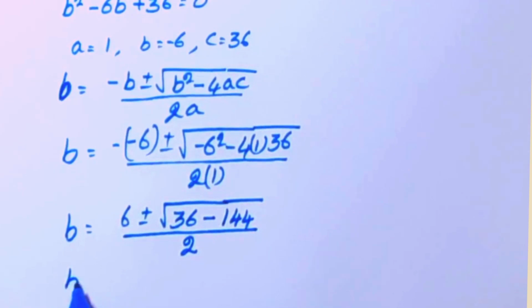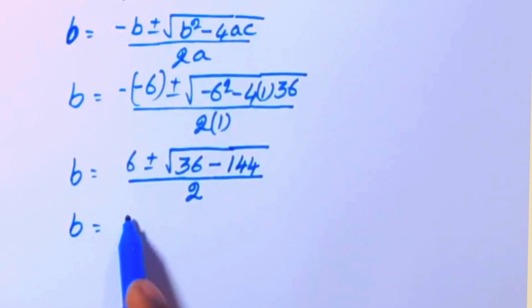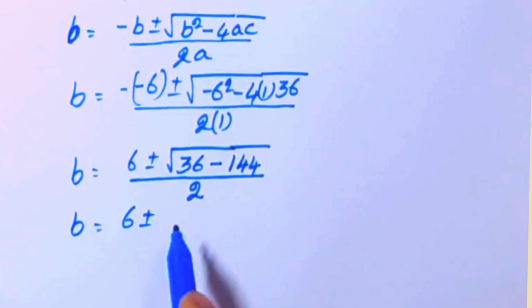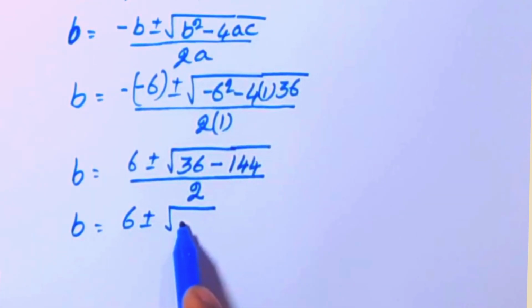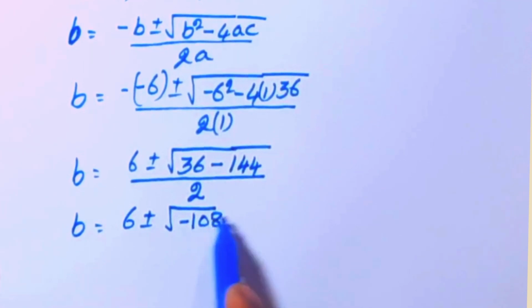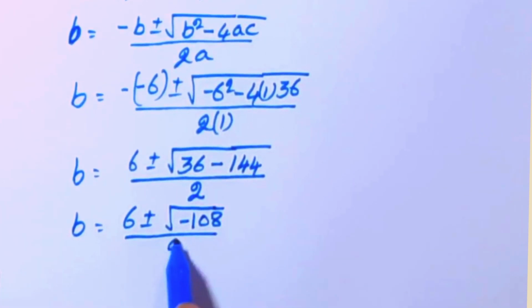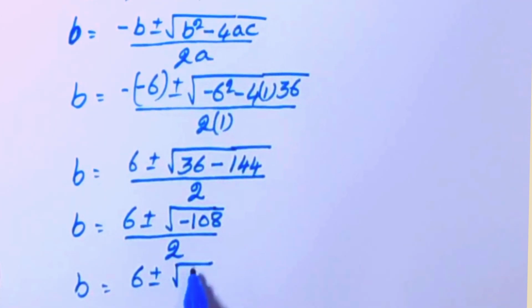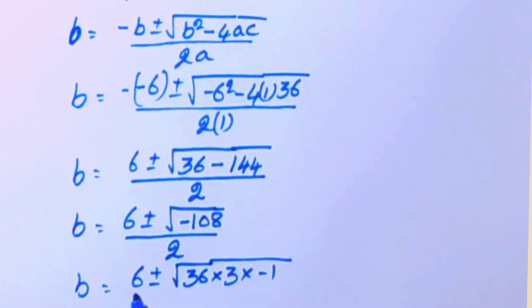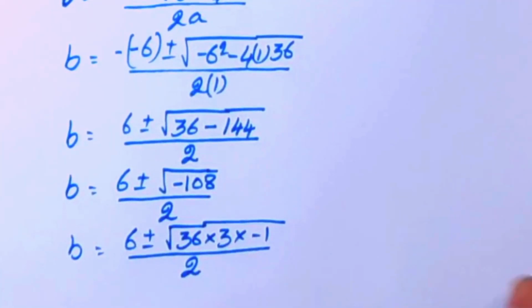Now b equal to 6 plus or minus square root of minus 108 by 2. Now b equal to 6 plus or minus square root of, this can be written as 36 times 3 times minus 1, by 2.